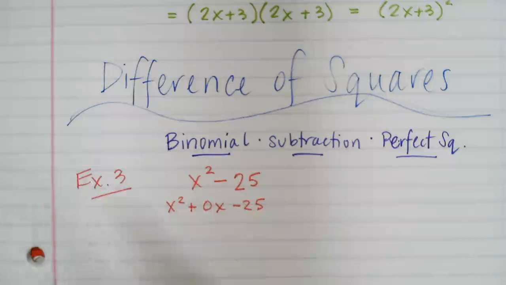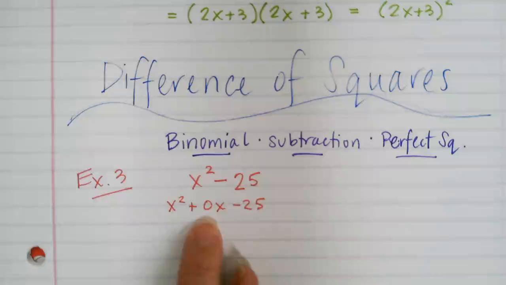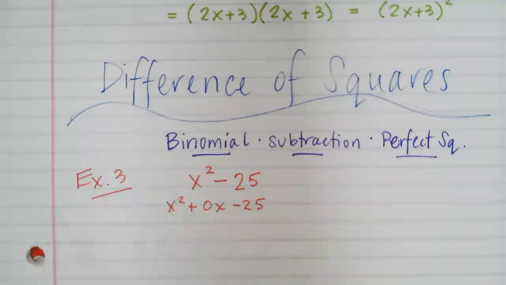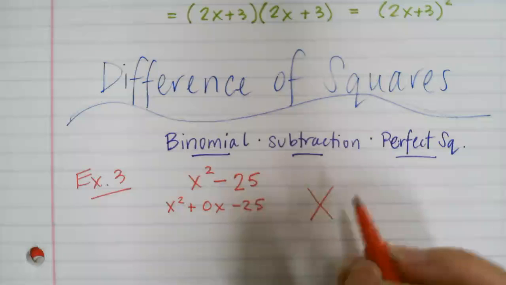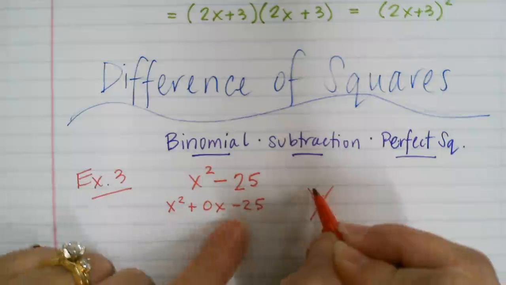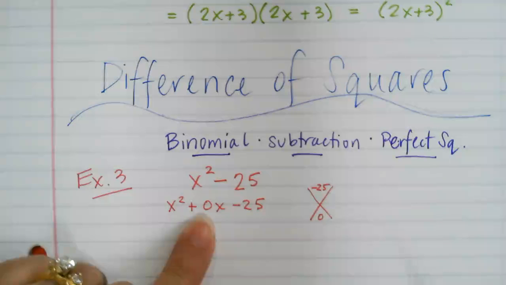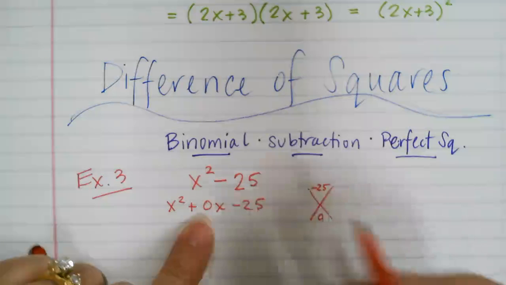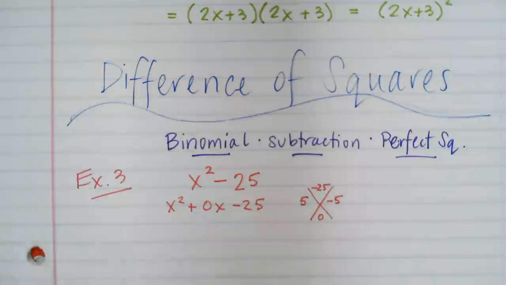So this binomial is a trinomial where the middle is 0. So when we think about this, we could go over here and make the big X. We want a negative 25 when we multiply, but a 0 when we add them together. And the way that's going to happen is with a positive and negative 5.